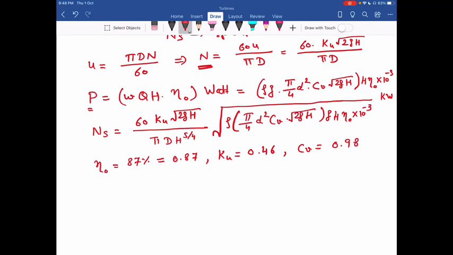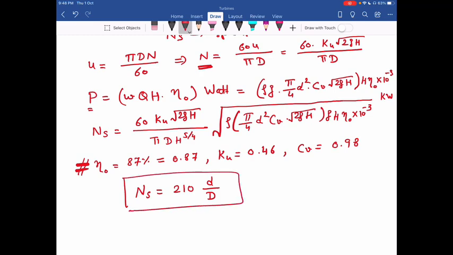So if for a turbine I use these values, then I find the relation for Ns. You can put all these values and solve that. You see this is equal to 210 d divided by D. So this proves that specific speed is a function of jet ratio.